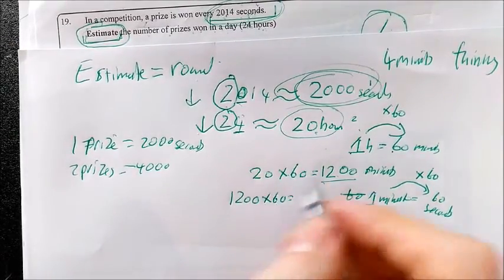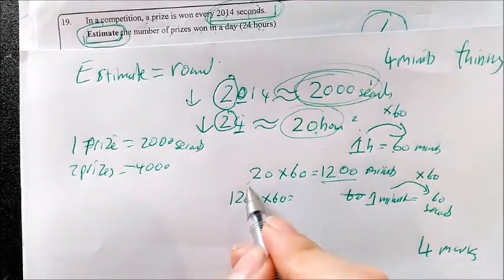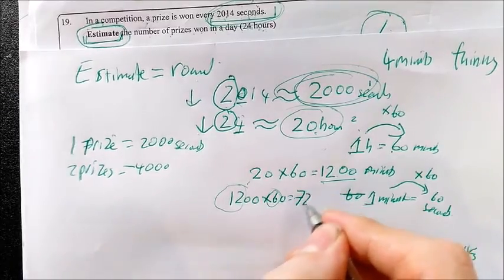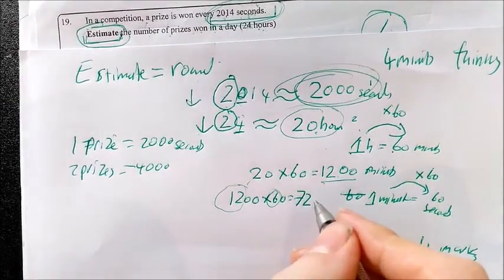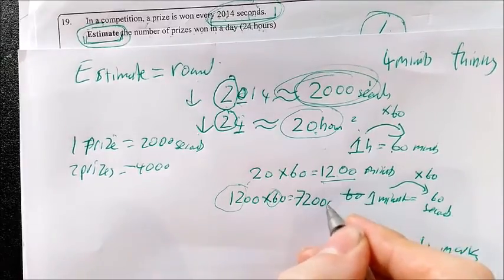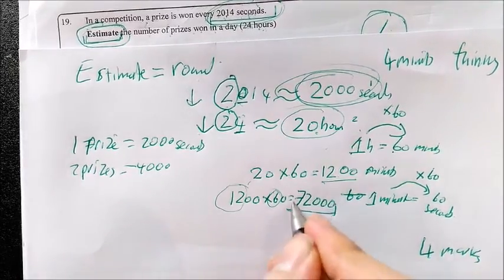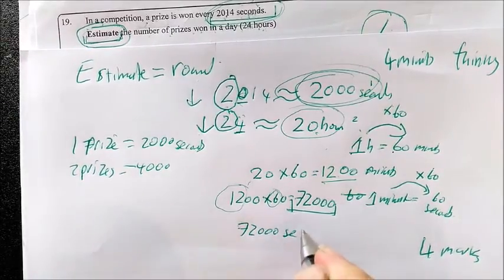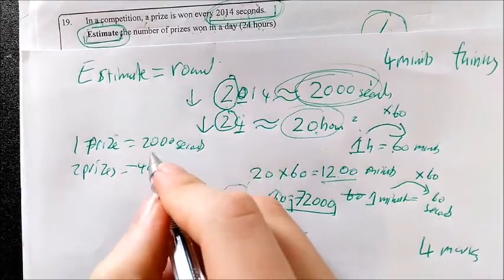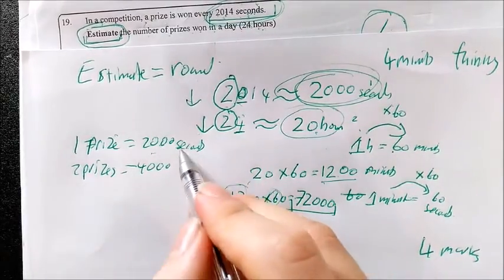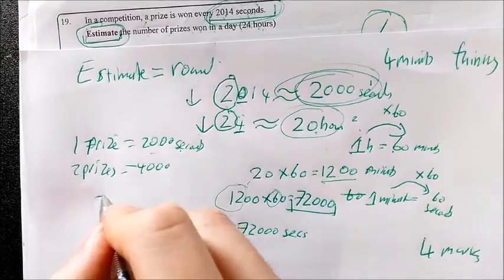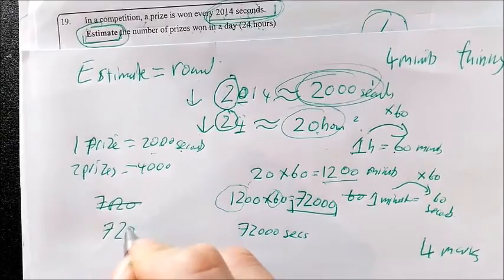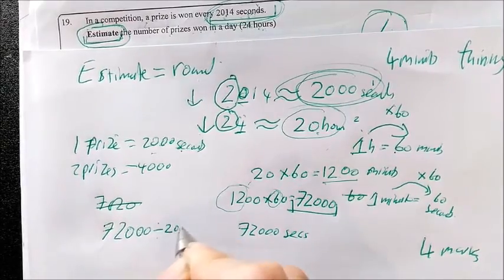Now I could do this in my head, or I could use some sort of multiplication method. I know from the top of my head that 12 times 6 is 72. And then I need to multiply this by 3 zeros, by 1,000. So it's 72,000. So if there's 72,000 seconds approximately in a day, and a prize comes every 2,000 seconds, then I just need to see 72,000 divided by 2,000.